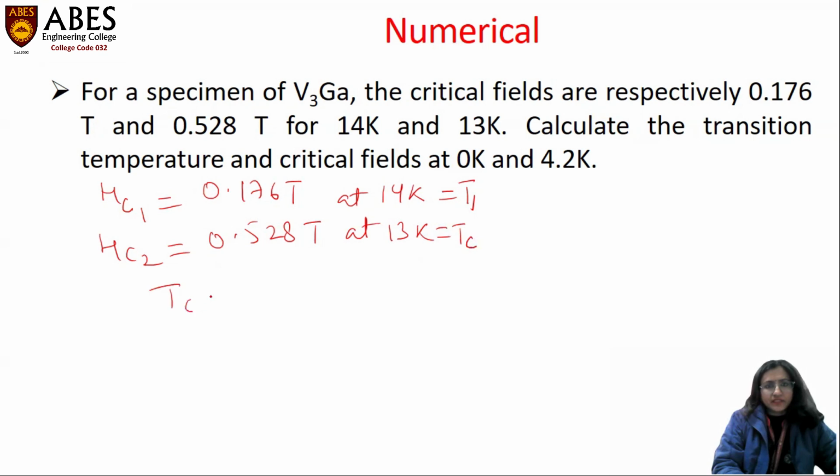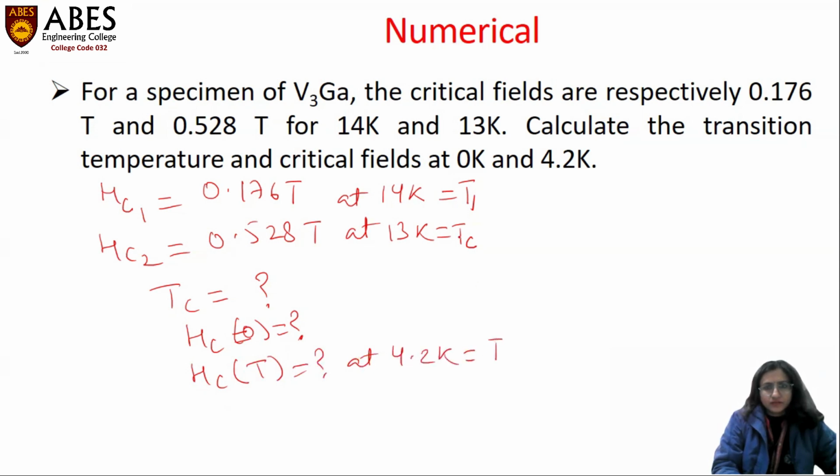You have to calculate the transition temperature, determine the critical magnetic field at 0 Kelvin, and also determine the critical magnetic field at 4.2 Kelvin, which is T3.